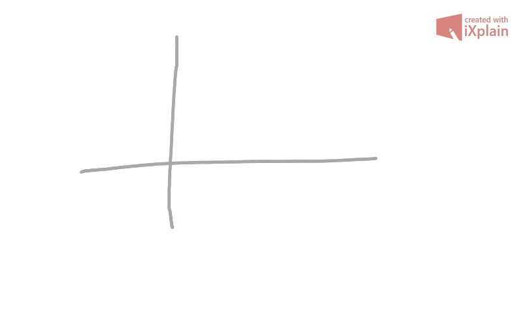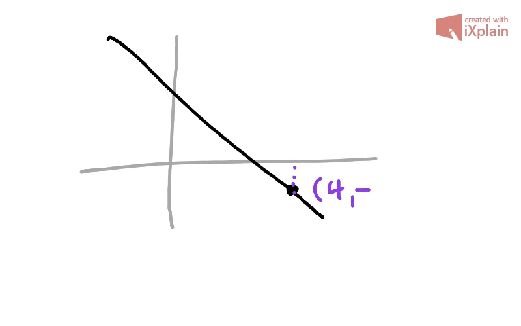So let's say the given point was something here. It was just basically the coordinates given to us, like 4, negative 1. And yes, let's have an intercept here. Let's say this is a 3.